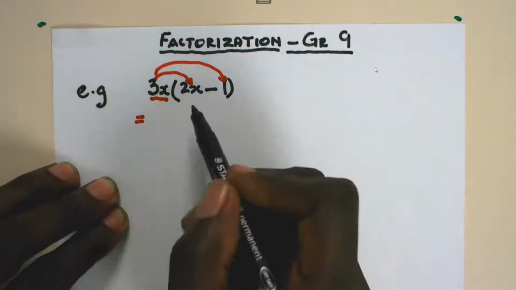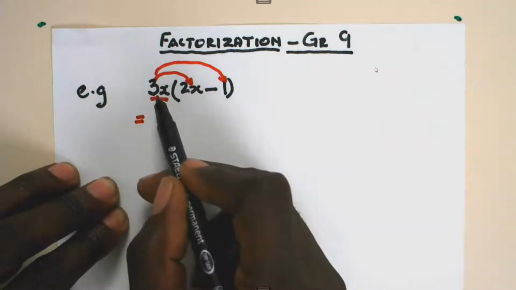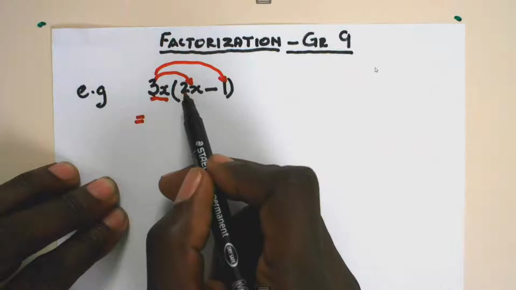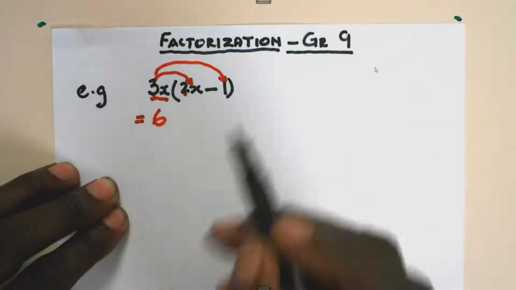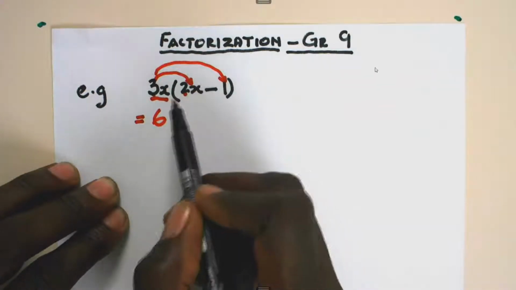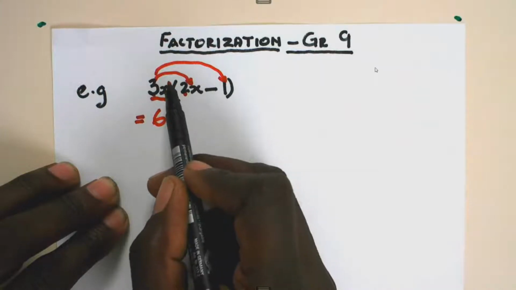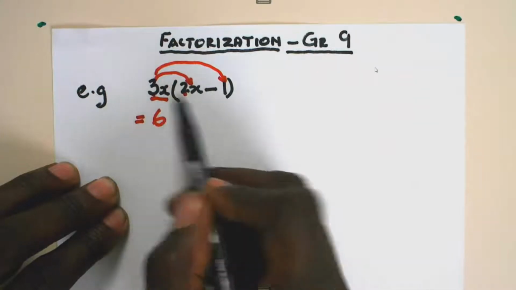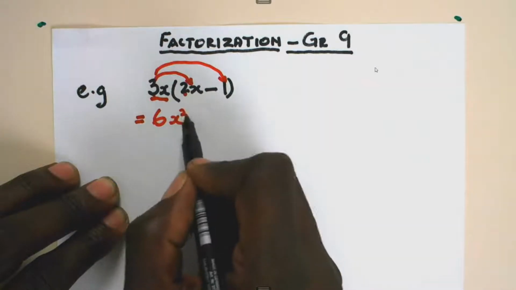When we remove the bracket, we multiply the coefficients, which is 3, by the coefficient inside the bracket, which is 2, and it's going to give us 6. Then multiply the variable x, which is in the power of 1, an invisible one, so x by x will be x squared.